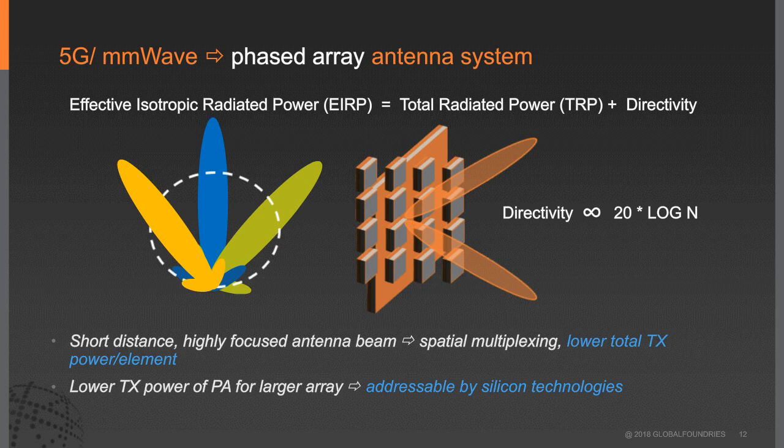So keep that in mind. The EIRP increases by a factor of n squared, or 20 log n. And the reason for that is each element is adding power and the array adds array gain and you get an n squared factor. As a result, for the same EIRP, or effective isotropic radiated power, the power per phased array element is lower.